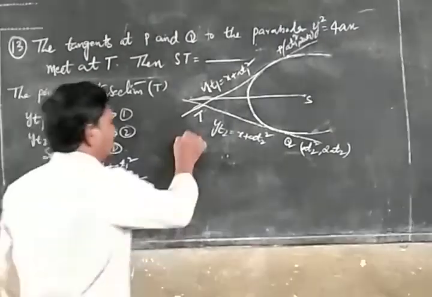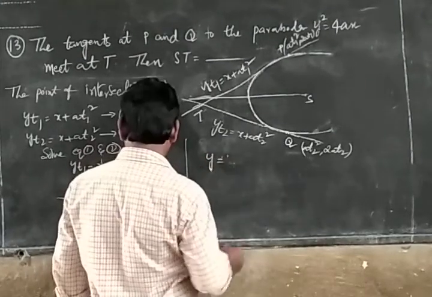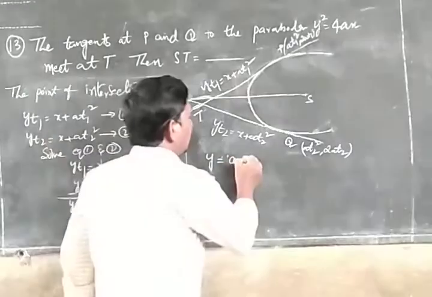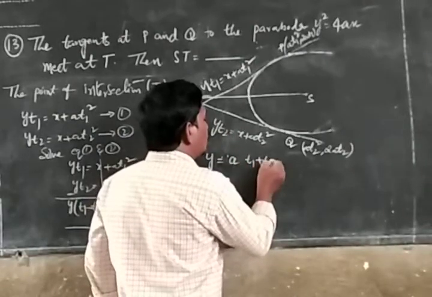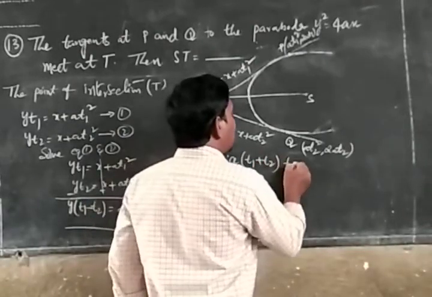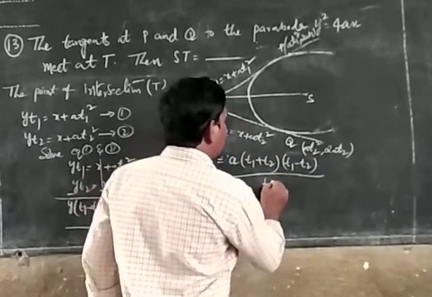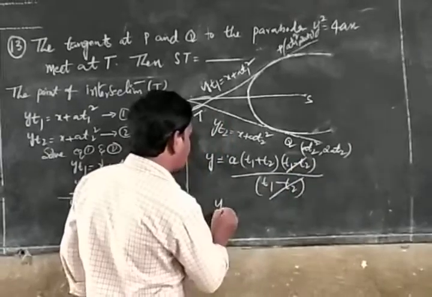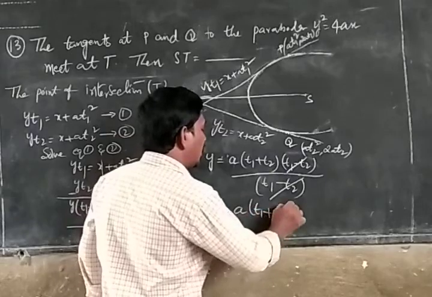Now a is common, t1 square minus t2 square means t1 plus t2 into t1 minus t2. By transposition, t1 minus t2 both cancel. Now y equal to a into t1 plus t2.